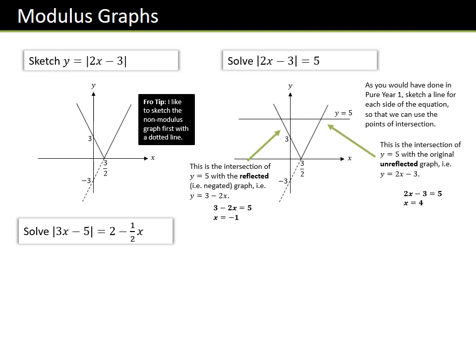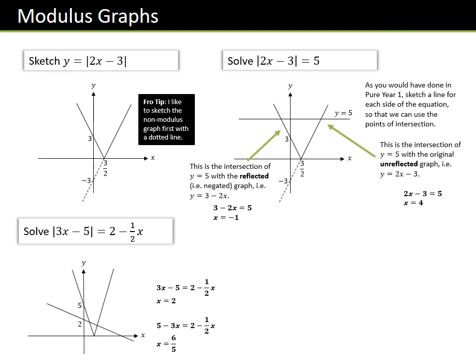Now, I want to solve this graph here. So I'm going to draw a graph of these two lines and see what happens. And when I draw them, I get my 3x minus 5, which I've used from the previous one, and I put my 2 minus a half x. And here, again, I look for the intersections.